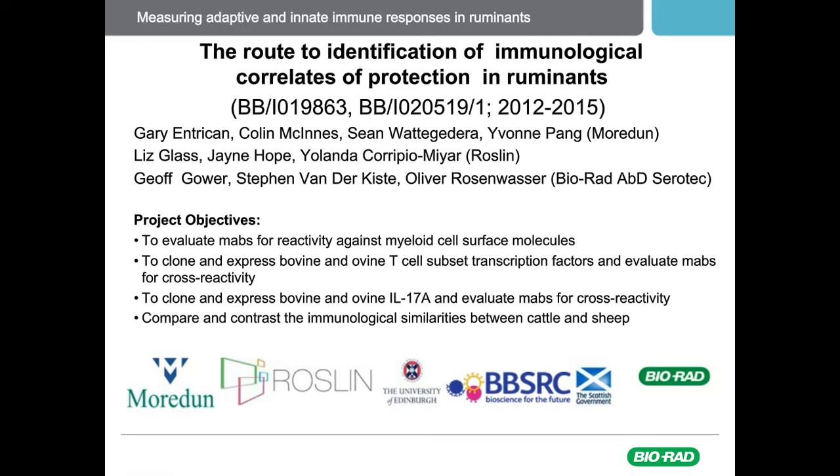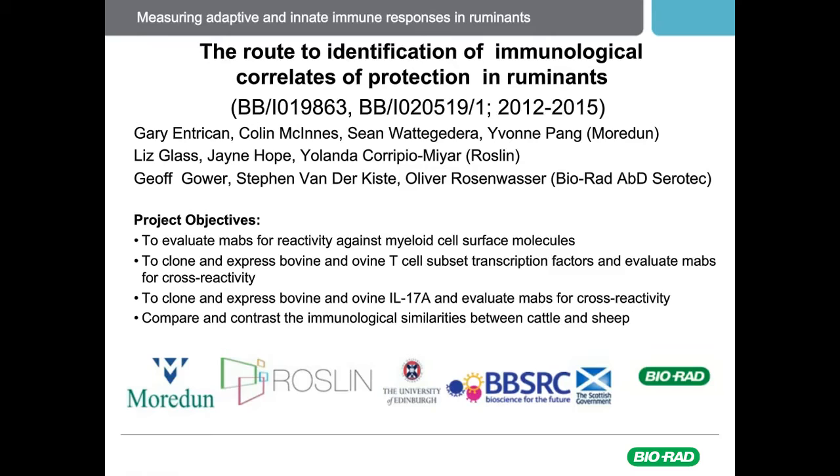And what we essentially did was, at the time, we did a scoping exercise to identify what the gaps were in our capability. So the objectives that we specified were that we would evaluate monoclonal antibodies for reactivity against marker for myeloid subsets in sheep and cattle. We would then clone and express bovine and ovine T-cell subset transcription factors and evaluate monoclonal antibodies for cross-reactivity.